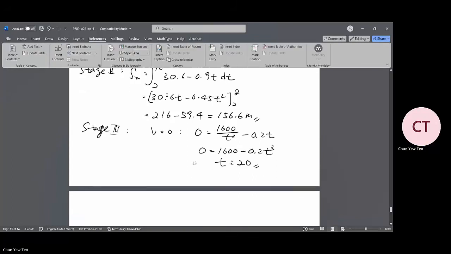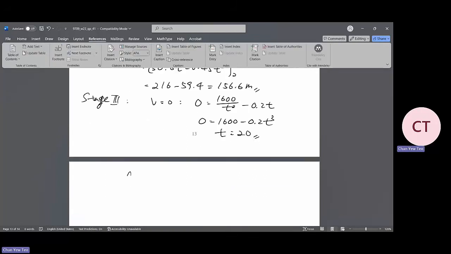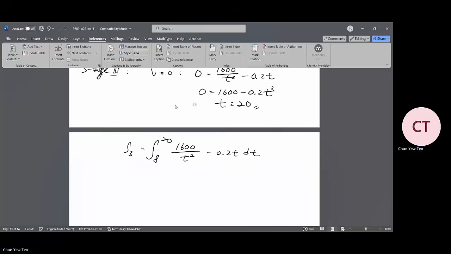So now our S3 will be equal to integrate from 8 to 20 the 1600 over t squared minus 0.2t. So you will have negative 1600 over t minus 0.1t squared from 8 to 20.